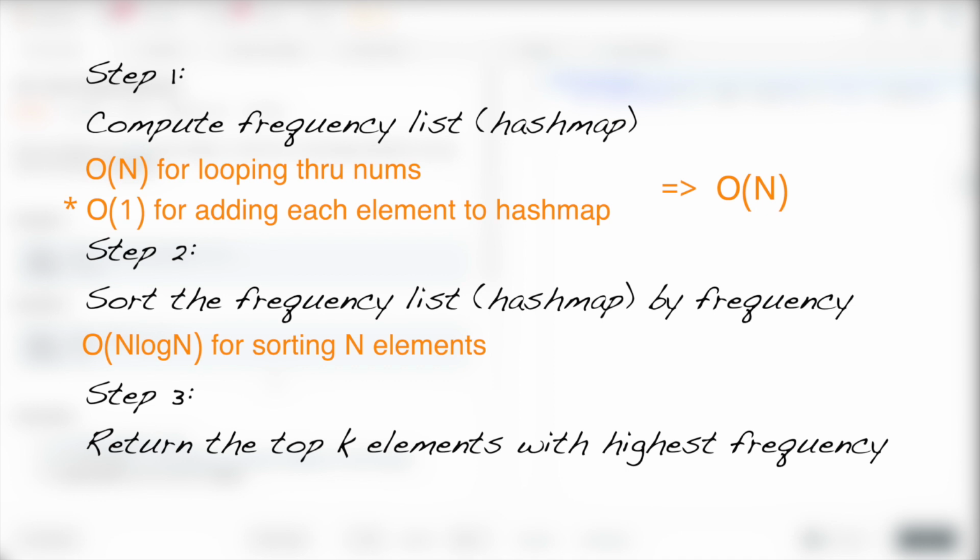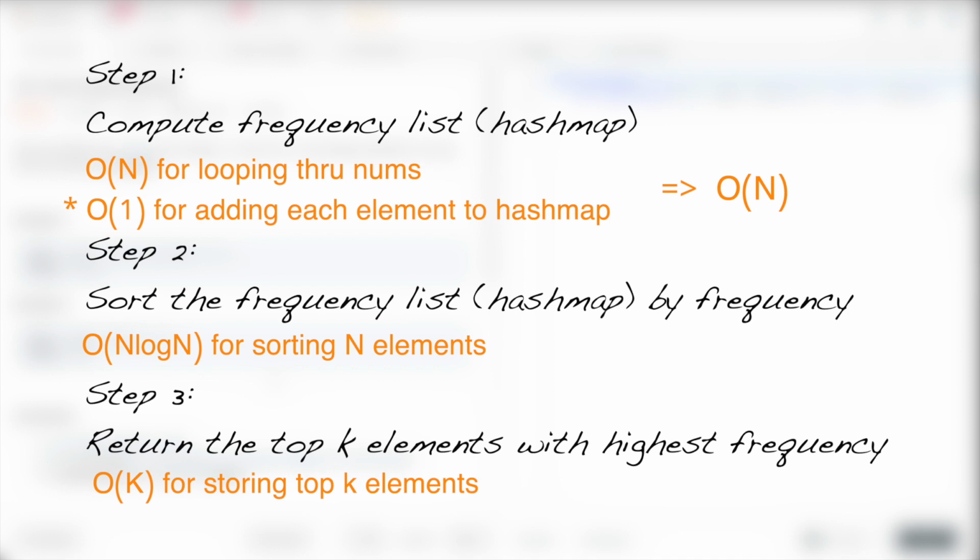And then once it's sorted, the last step is to get the first k elements or the first k key value pairs from the hash map, and then store the key, which is the element value, into a separate list. And that is going to be a big O of n runtime. So in total, the runtime for the implementation that we talked about is going to be big O of n log n, which is alright, but we could definitely do better than that.